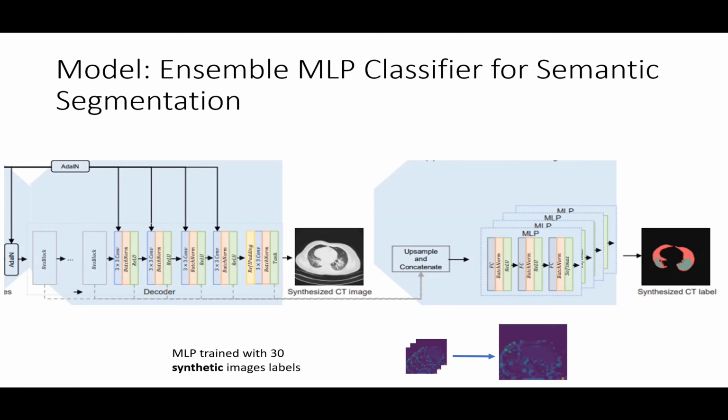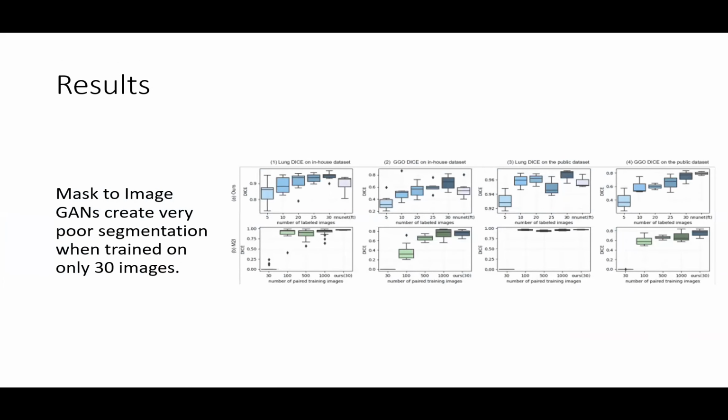The next thing we want to know is, how does this perform? So we did talk about using only 30 images. Here we're computing Dice, which is a scoring method to compare the segmentation masks. And so here we have the lung, the GGO.